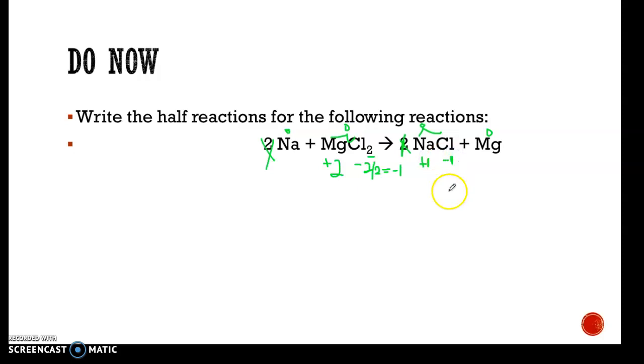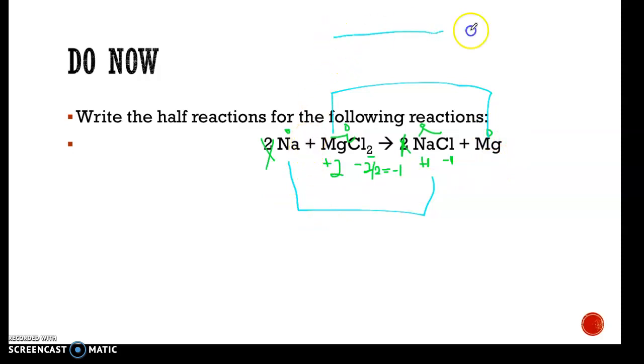Good job. So, I'm going to focus on the elements that went to 0, because I feel like that's where most of my attention is going to be needed. So, I'm going to go ahead and change my color. We are focusing on Na to Na and Mg to Mg. I first need to determine which one is oxidizing and which one is reducing.